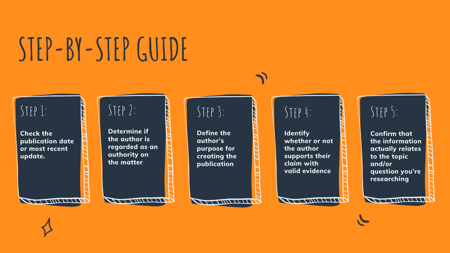Step 3 is to define the author's purpose for creating the publication. So we want to think critically about, why did the author create this? Are they trying to sell something? Are they trying to teach something? Are they connected to an organization that if they produce a certain thing, they're going to get money?